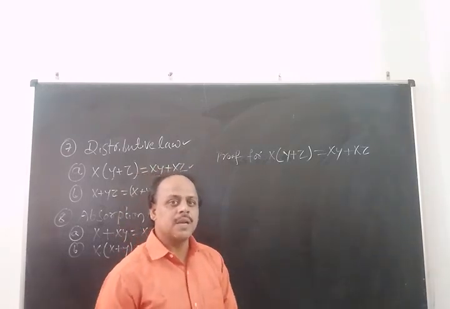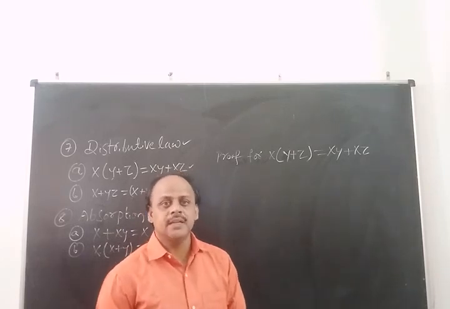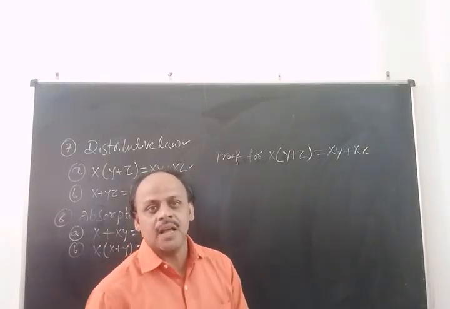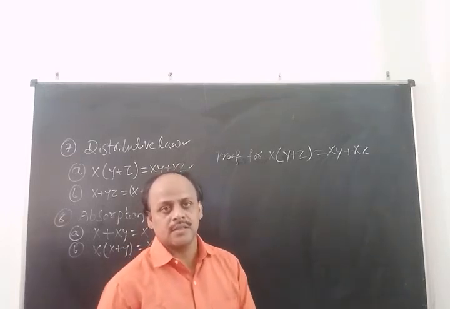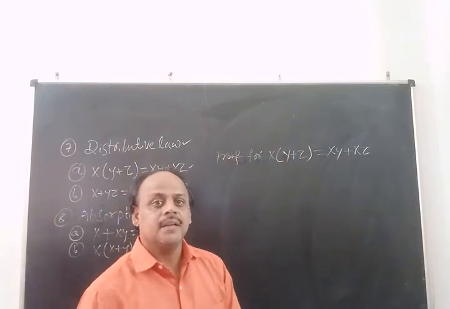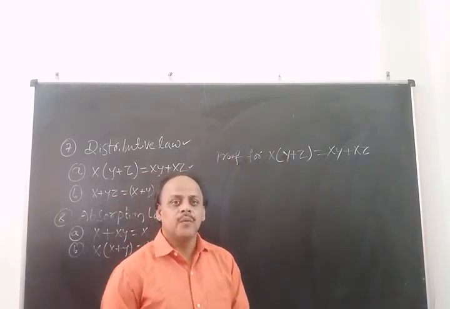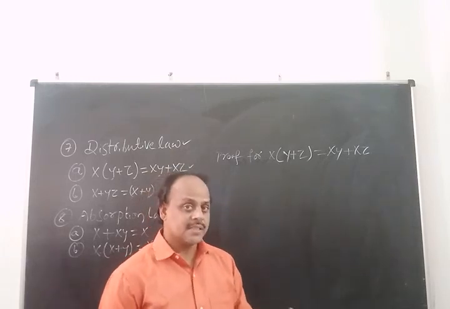What is meant by proof by perfect induction method? It is one of the methods used in Boolean algebra to prove the given Boolean laws or Boolean theorems by putting variable values. That is, the Boolean variable value may be 1 or 0.